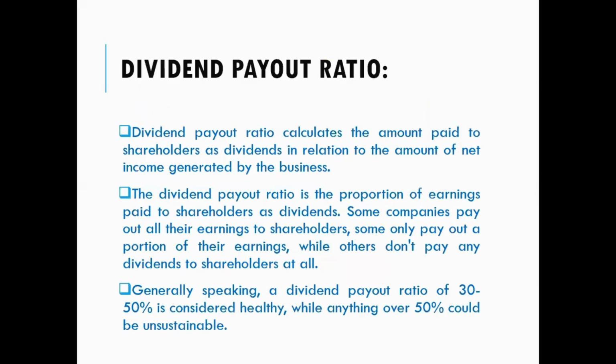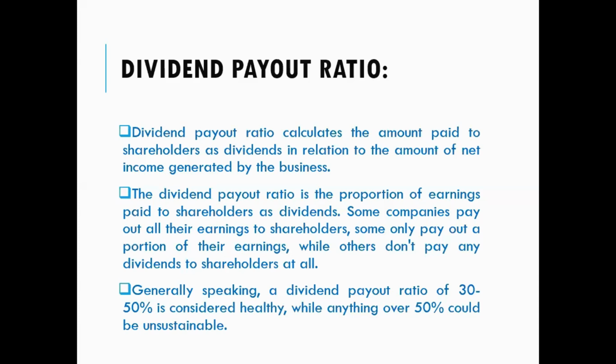Dividend payout ratio. Dividend payout ratio calculates the amount paid to the shareholders in relation to the amount of net income generated by the business.